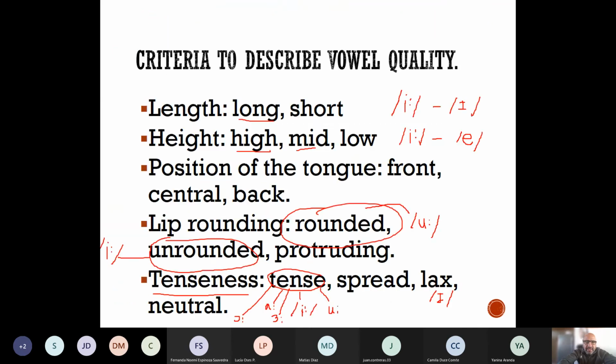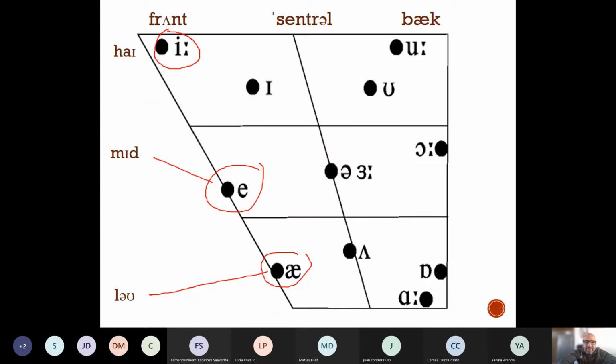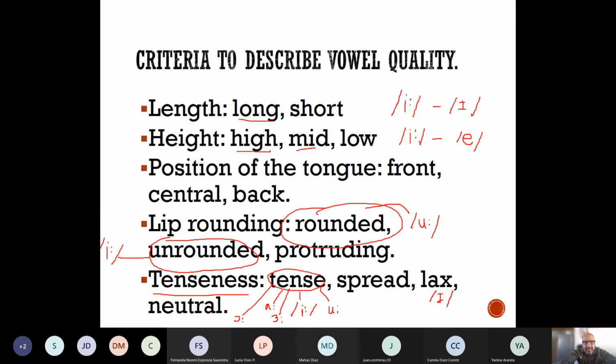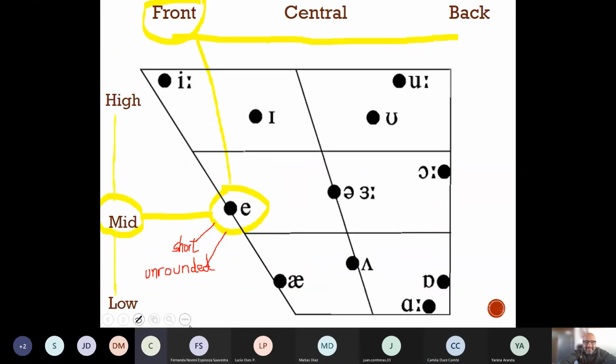Now, what's the other criteria? Lip rounding. When you say this sound, are the lips rounded or unrounded? Unrounded. Perfect. What was the other criteria? The tenseness. Is this lax?